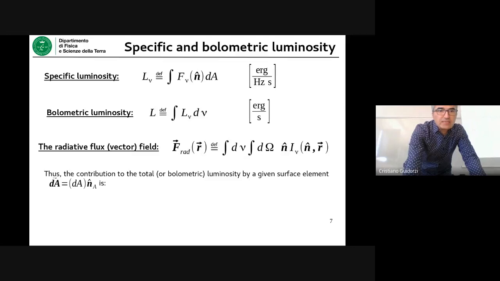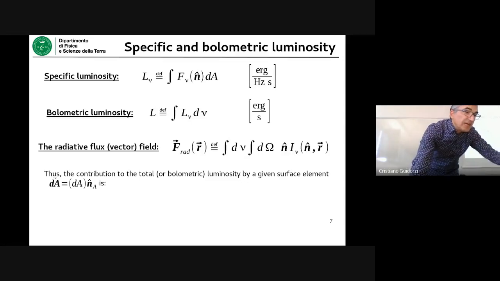While it might look like something not very easy to manage, it's useful because now we can rethink the flux and the luminosity coming out of a given element of surface.